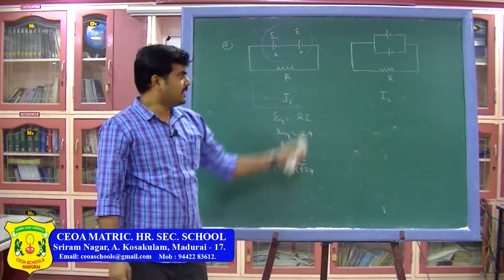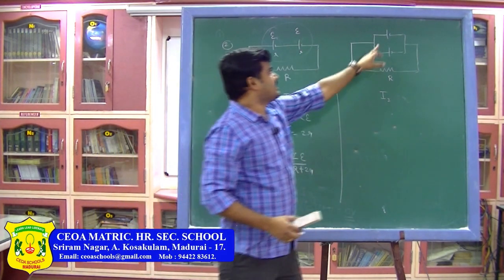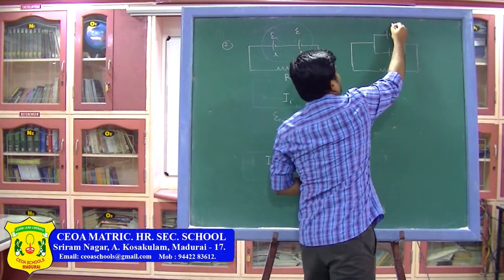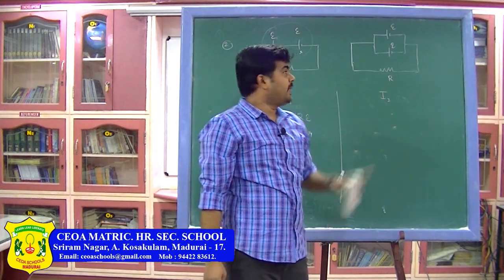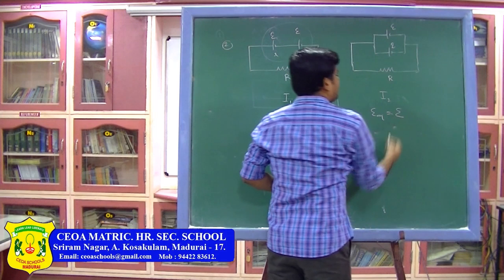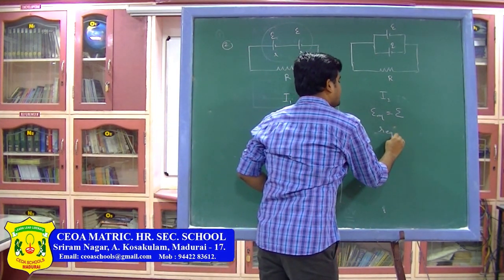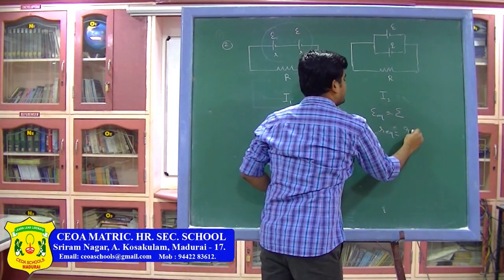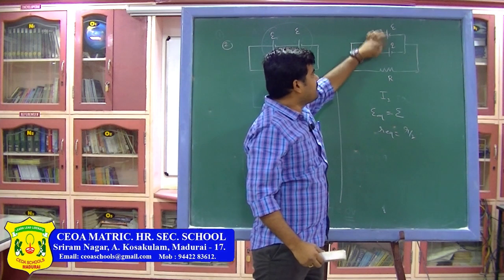That is when they are connected in series with the capital R. Similarly, find out the current in the second case, where the two cells are connected in parallel, and remember they are identical cells. When two identical cells are connected in parallel, the effective EMF is equal to the EMF of one cell, E, and the effective internal resistance is r by 2, because two identical resistors are connected in parallel in this case.